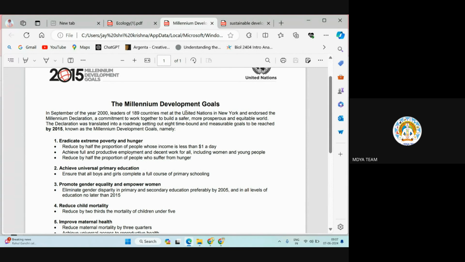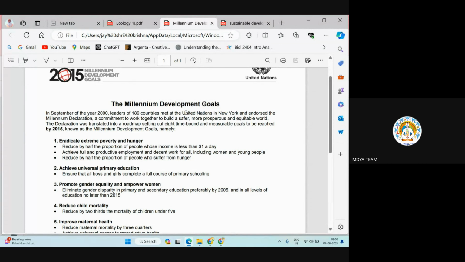And once the ozone layer starts depleting, what happened? The UV rays are now directly coming to our Earth, and that was known as the ozone hole. So in September of the year 2000, there was a committee of 189 countries, and there they started thinking about the environment, and they started the Millennium Development Goals.